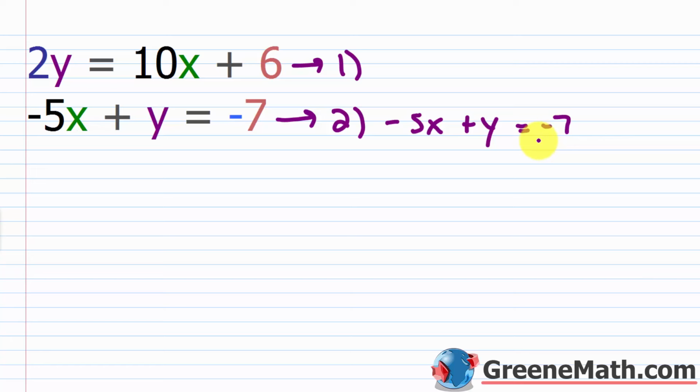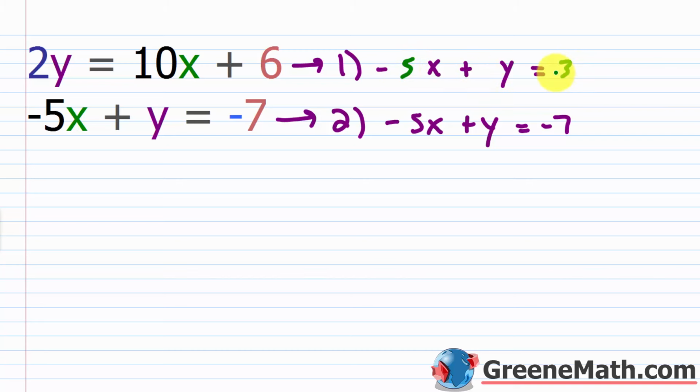And then for equation 1, I'm just going to subtract 10x away from each side. So that would give me negative 10x plus 2y equals 6. If you want to, you can divide both sides of equation 1 by something like 2 to make it simpler. So this would be negative 5, this would just be y, and this would be 3.